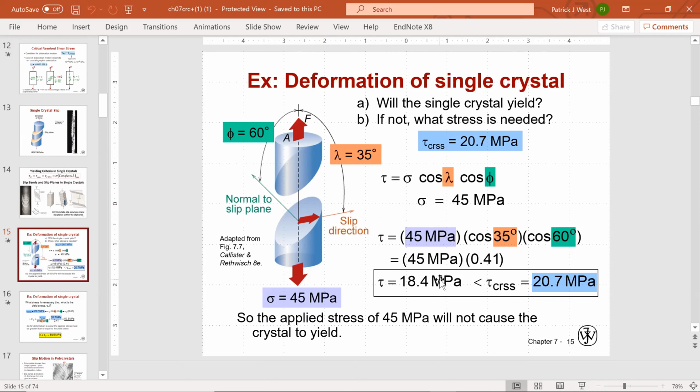So even though we've applied 45 megapascals to the sample, we haven't been able to surpass the critical resolved shear stress of 20 because we only applied 18.4. So no plastic deformation will occur.